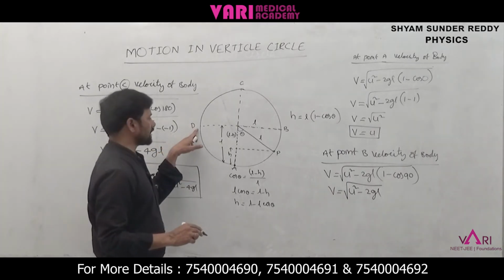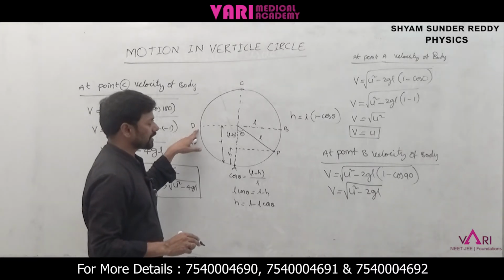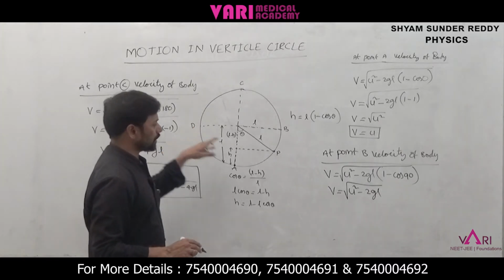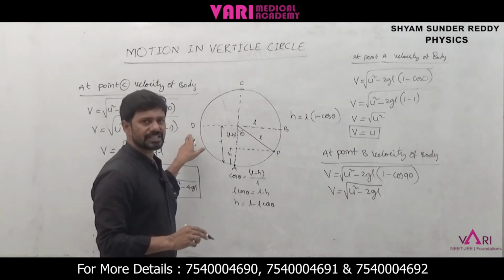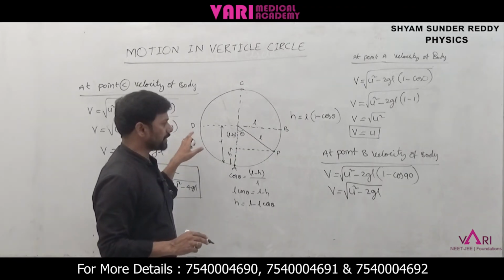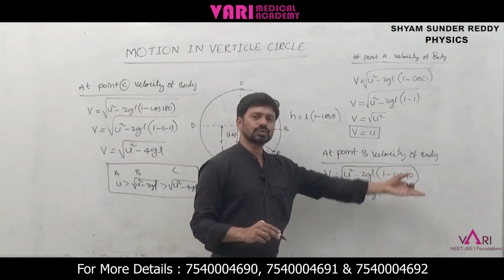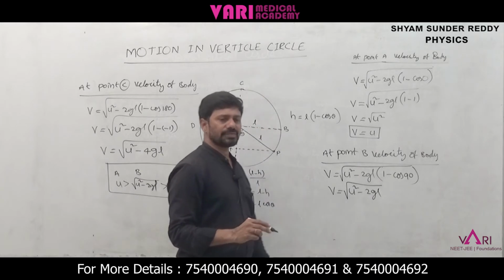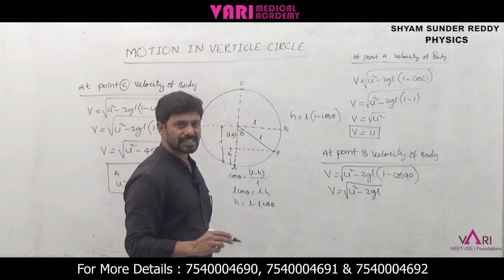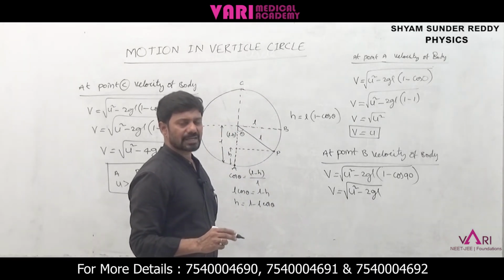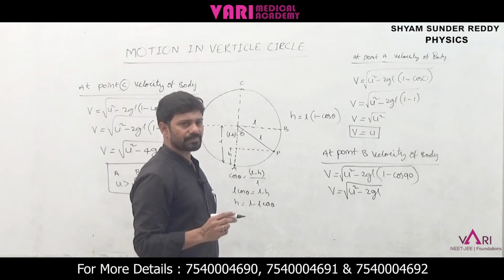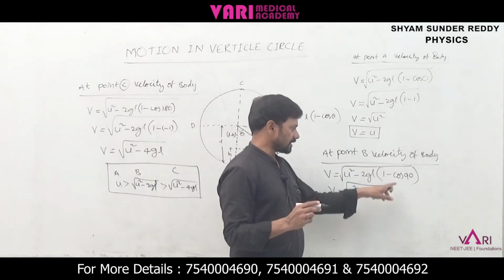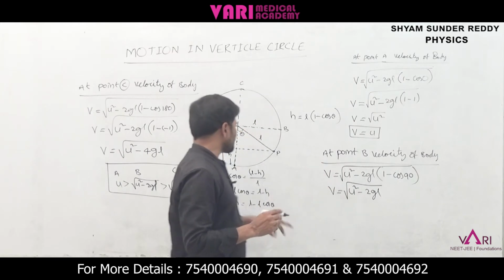If we take point D, we will get the same value as U square minus 2gL. At B and at D the values are the same, because of 1 minus cos 270. Cos 270 is cos of (180 plus 90), which becomes cos 90, so we get the same value.